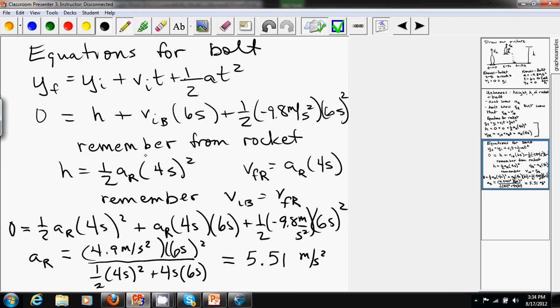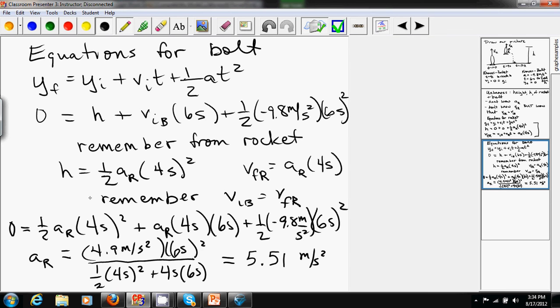Now, remember, from the rocket equations on the previous page, we had this: h is equal to 1/2 a_R t squared, 4 seconds squared, and Vf of the rocket is acceleration of the rocket times 4 seconds. And also remember that at time t equal to 4 seconds, the bolt and the rocket are traveling together, so these velocities are going to be the same.